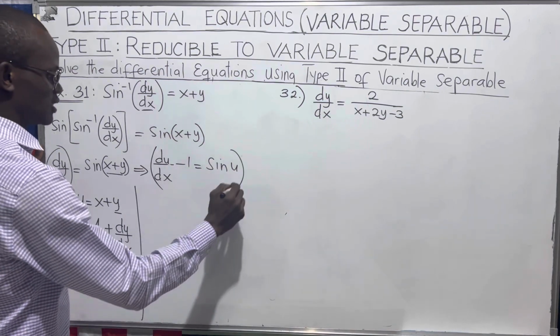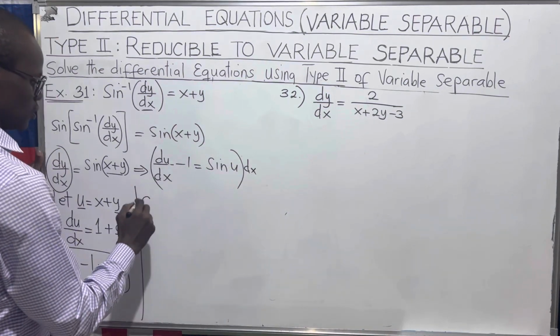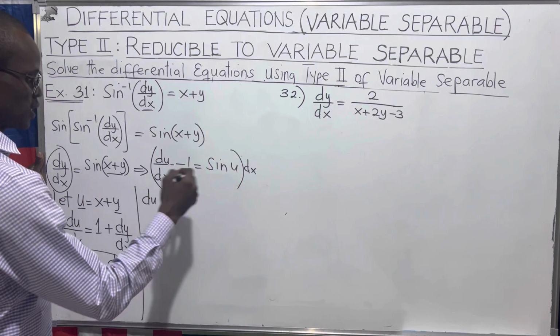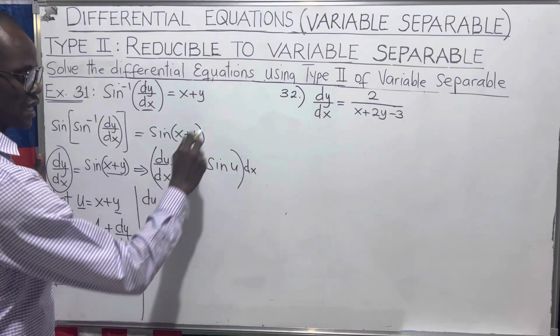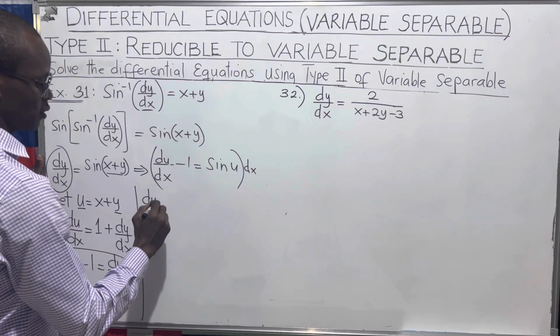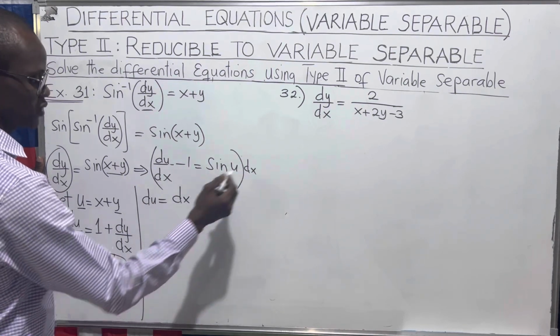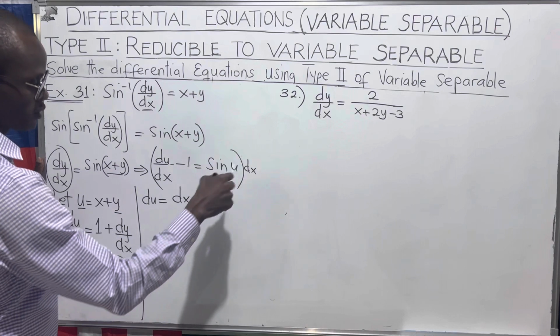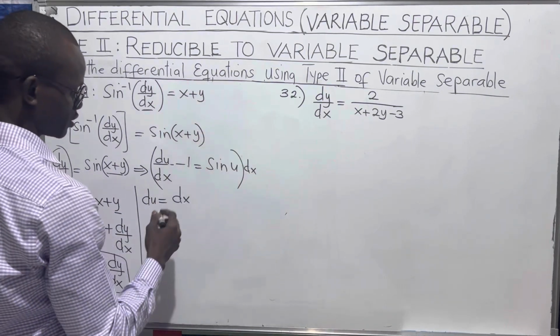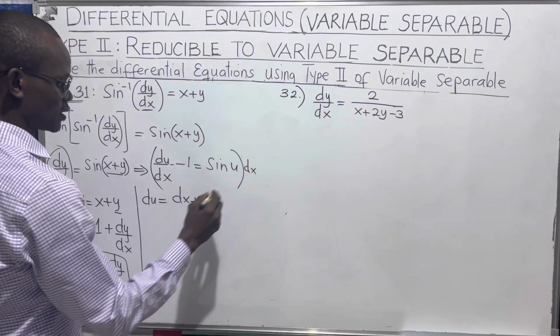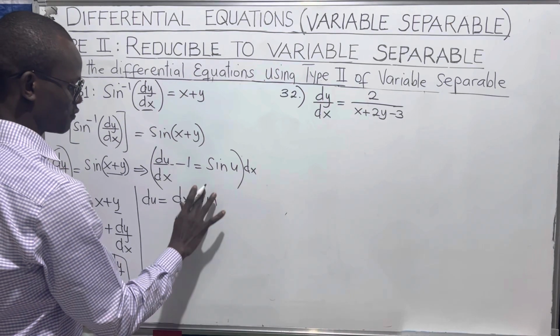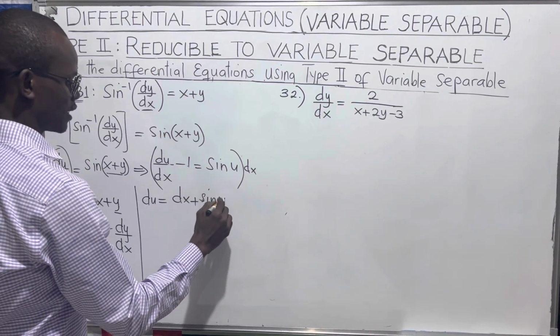We multiply all sides by dx, so we have du, and the dx cancels. The 1 goes across, because dx times 1 is dx, and it becomes positive. So it equals dx plus sine of u dx.